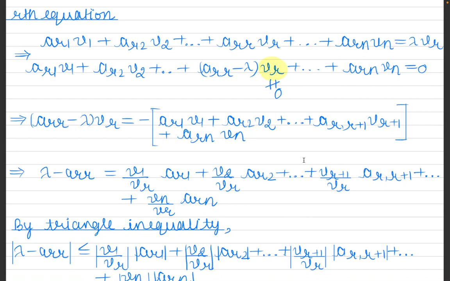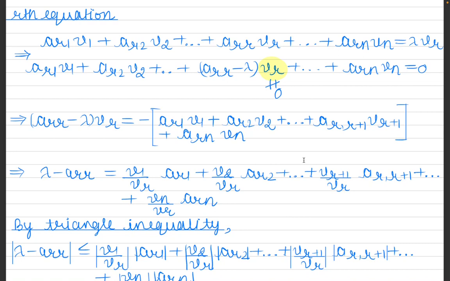Now since this value is non-zero, this implies ARR minus lambda VR is actually minus AR1 V1 minus AR2 V2, and up to so on and so forth.